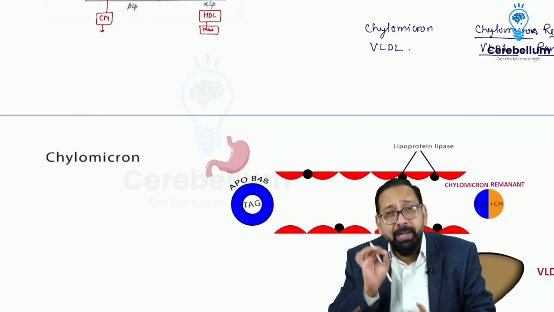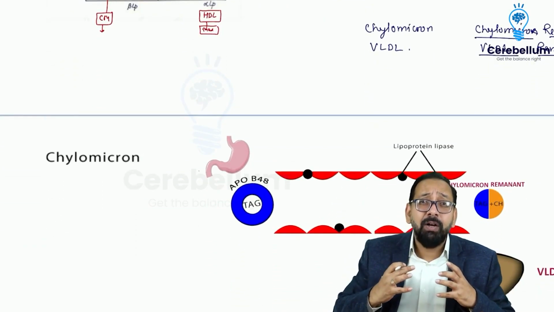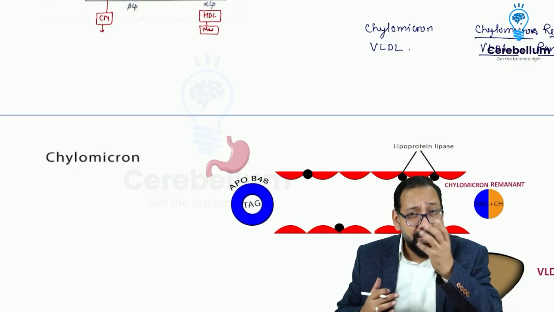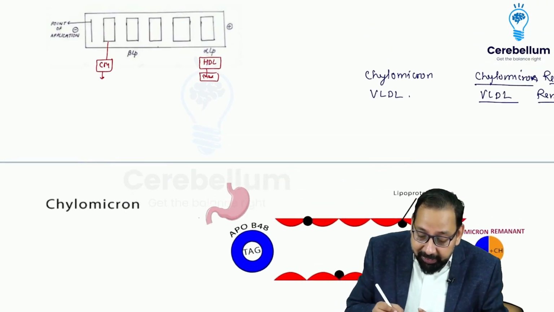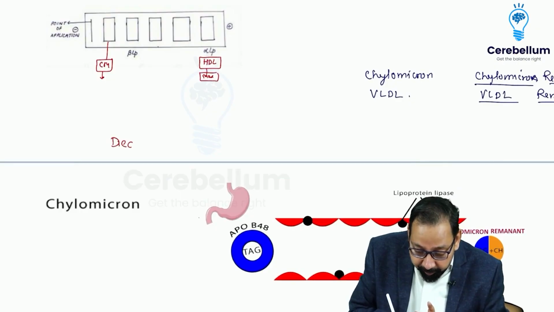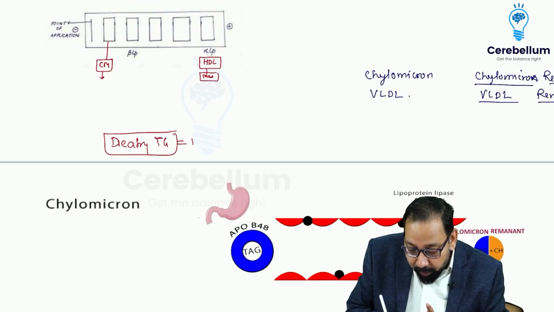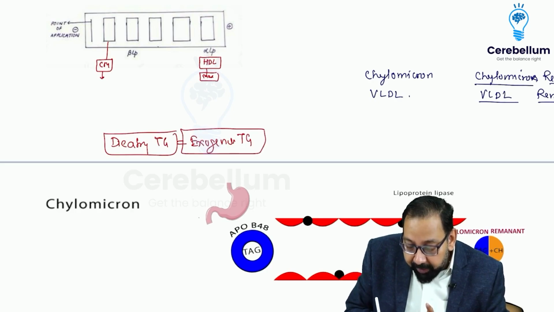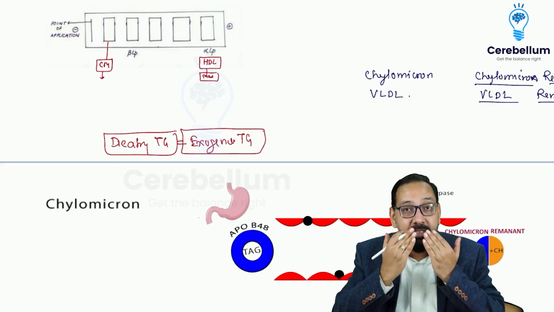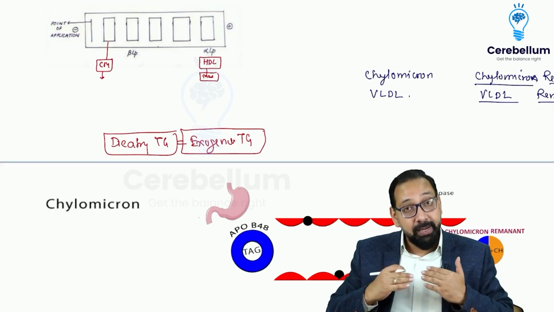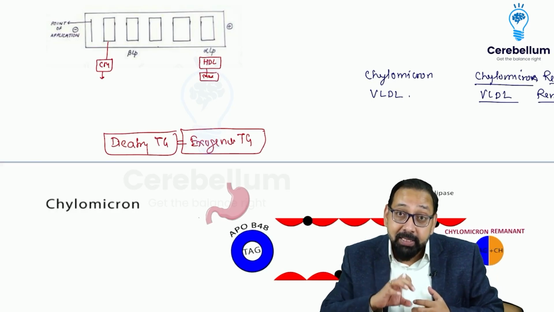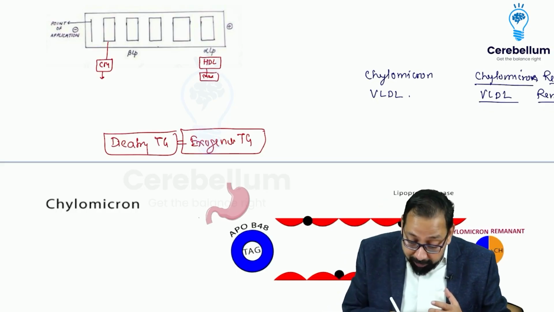Now chylomicrons are synthesized in our intestine whenever we take diet. In our diet, triglyceride is there. Dietary triglyceride is called exogenous triglyceride. Whenever we take food, this exogenous triglyceride goes to the intestine. Intestinal mucosal cells synthesize a lipoprotein that is called chylomicron.